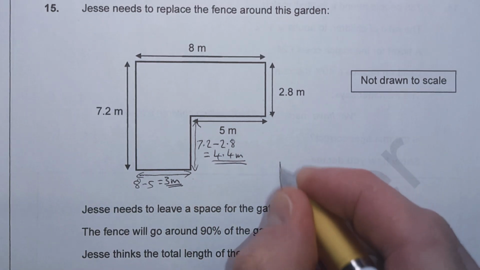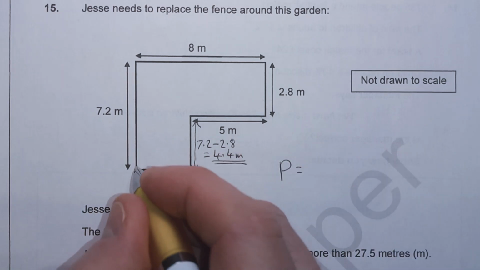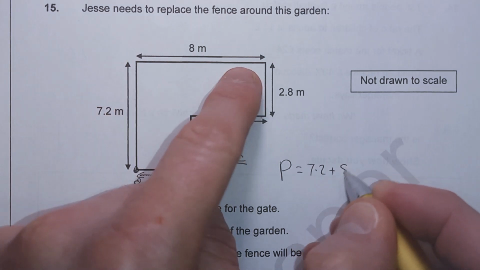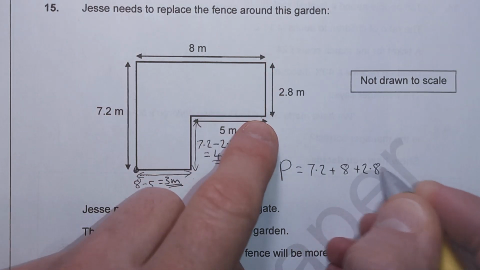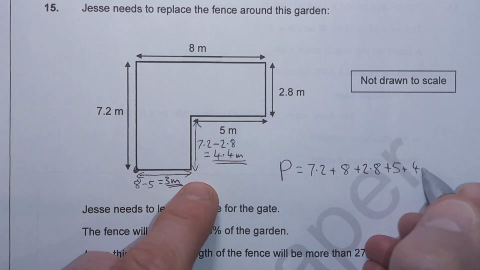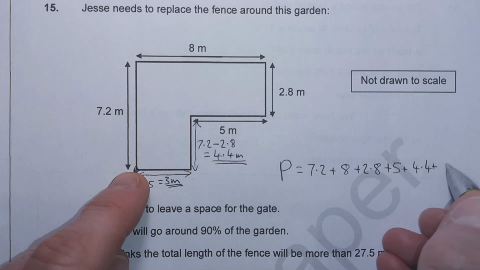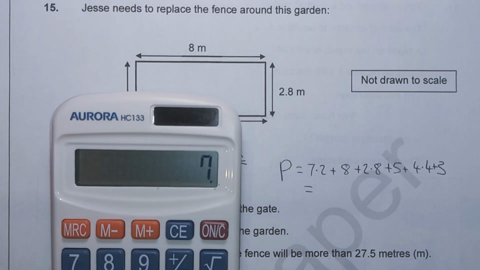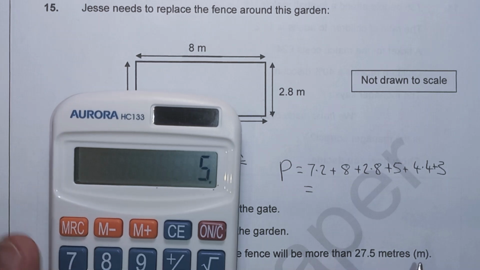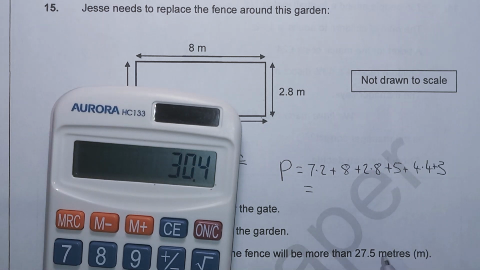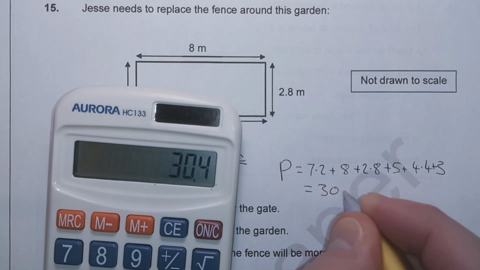Okay, so if we want the perimeter, let's start at this corner. So we're going to have 7.2 plus 8 plus 2.8 plus 5 plus the 4.4 and then plus 3 metres long here. 7.2 plus 8 plus 2.8 plus 5 plus 4.4 plus 3 gives us 30.4 metres.